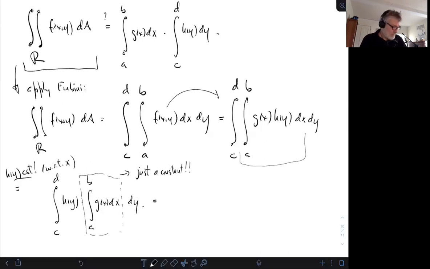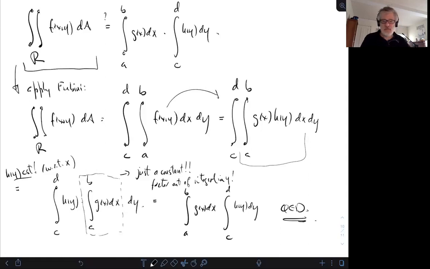So you're allowed to do that. I factor out this constant, the integral a to b g of x dx, and what's left is the integral c to d, h of y dy. And that's what I wanted.